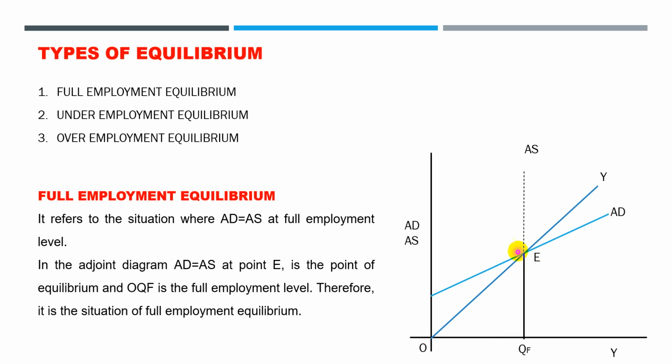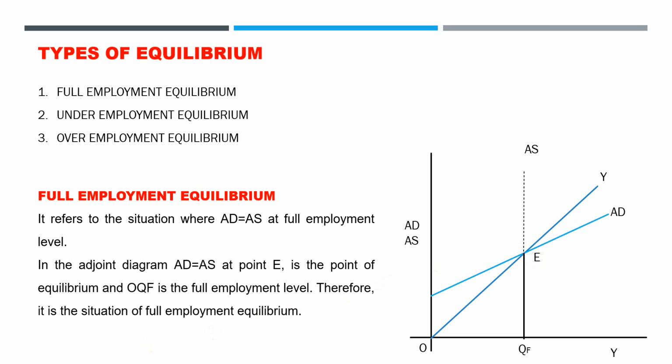Hence, E is the point of full employment equilibrium and OQF is the full employment equilibrium level of income, employment or output. I hope this is clear: AD intersects corresponding to the full employment level, that's why this is the full employment equilibrium.